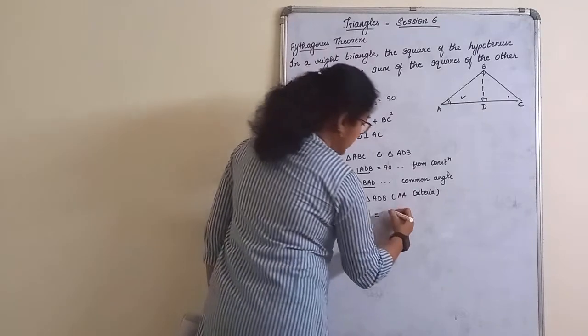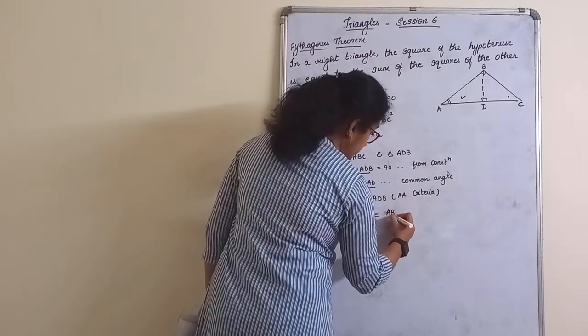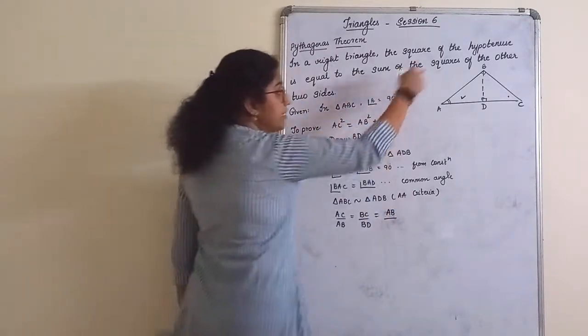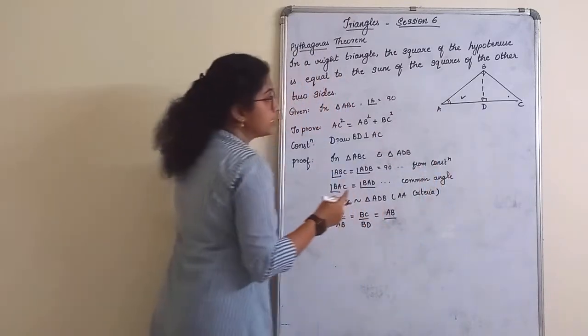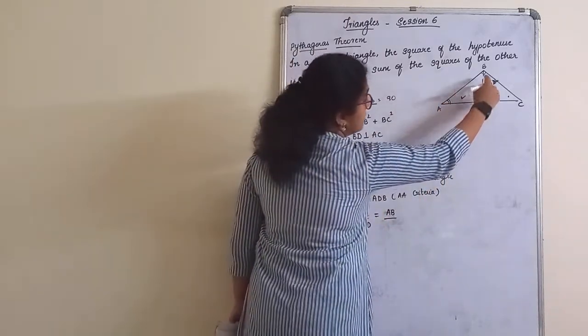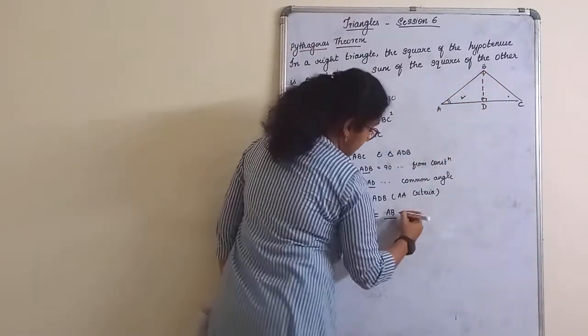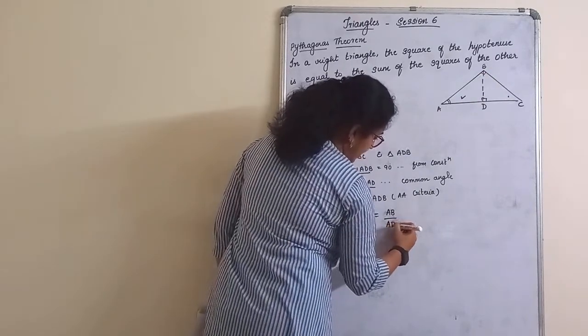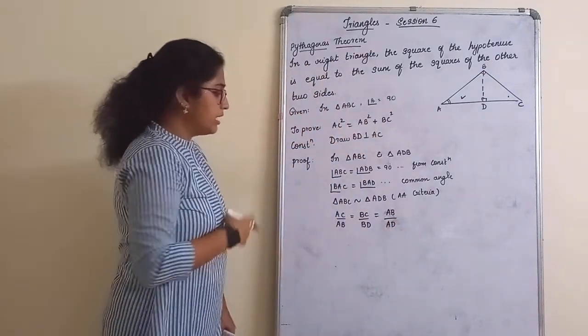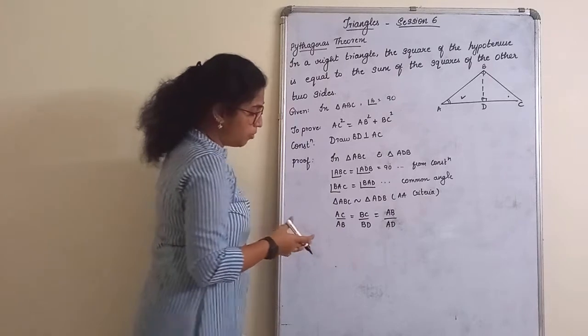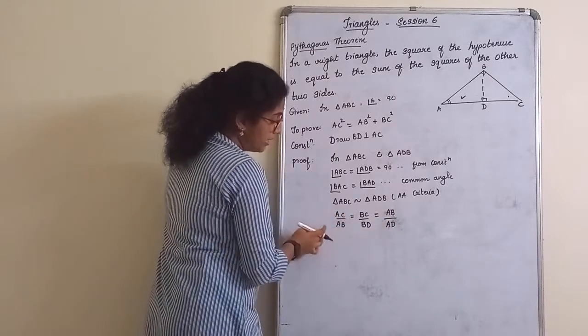It is AB upon AD in this triangle. It is not required, but still if you write it, it is well and good. Now when you look at both, what do you feel is common in both the parts?